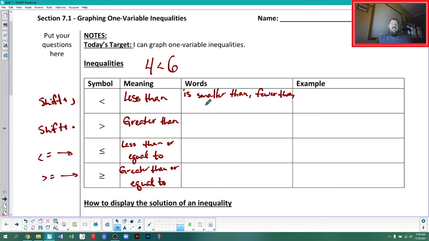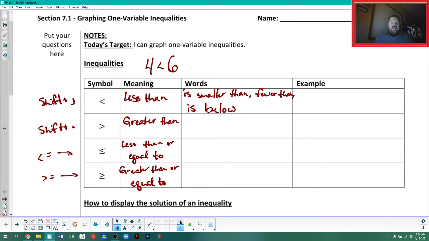You could even say something like below. Okay, and it all comes into dealing with the context that you're working with. Maybe I would even say that this is below, just to make this example work, in that 4 is below 6.